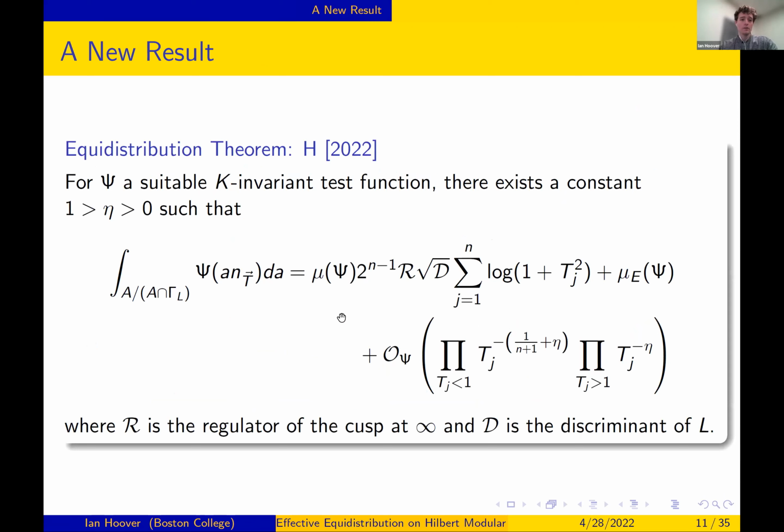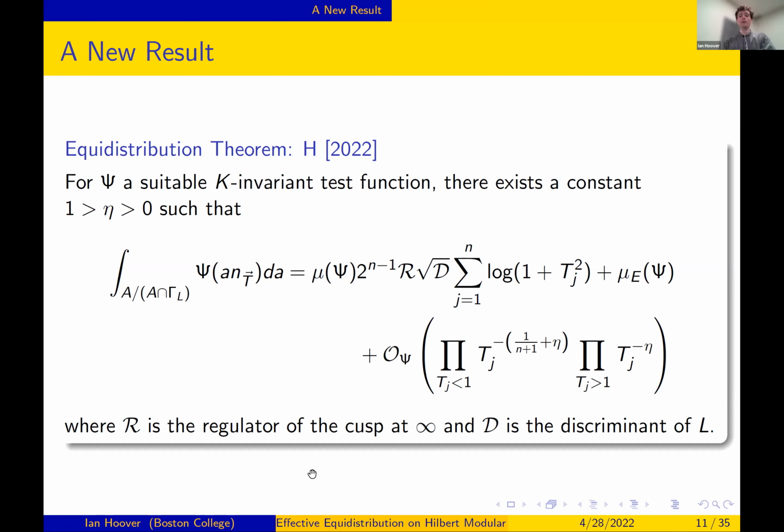What that looks like is, for a suitable K-invariant test function psi, there's some explicit constant eta that derives from the results for effective mixing. As we integrate over this translated orbit, it approaches mu of psi, which is just the integral of psi over the quotient space.